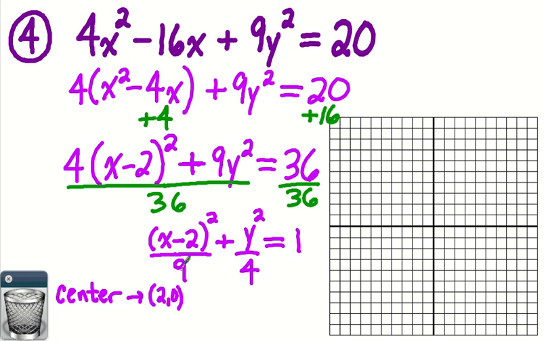And that's going to be 3, and then my b value is 2. So here we go. Center at 2, 0. And so there's 1. So there's the center. And then 2 and 2. And I could easily find my c value for my focus points if I needed to.